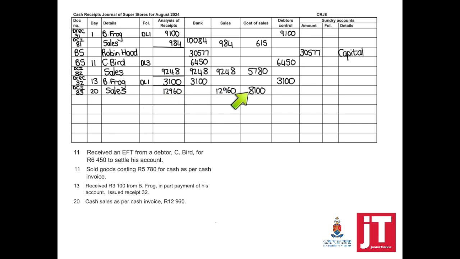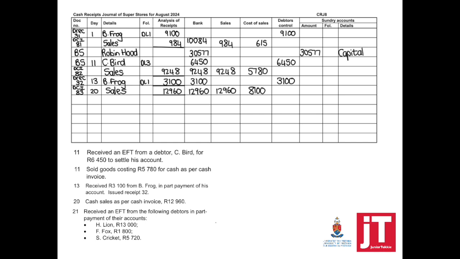Sales, and to calculate the cost, which goes into your cost of sales, we have to take the selling price times 100 divided by 116. There were no other transactions, so we draw a line and we total it, and that is our total in bank.